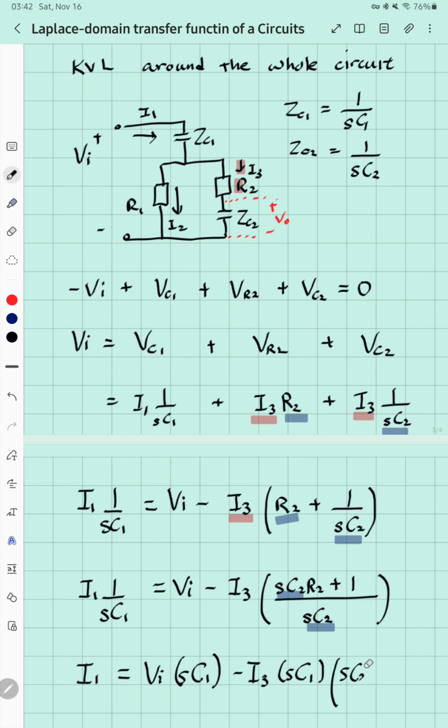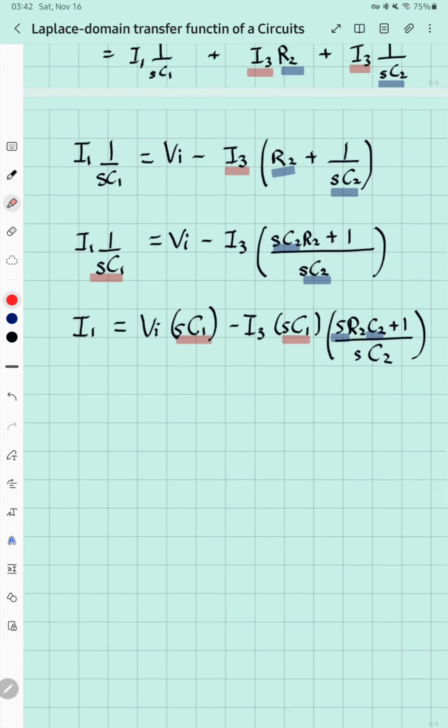Now I'm going to switch to R2C2 plus 1 over SC2. So just like a SC2 there, and SC1, we just multiplied both sides with the SC1.